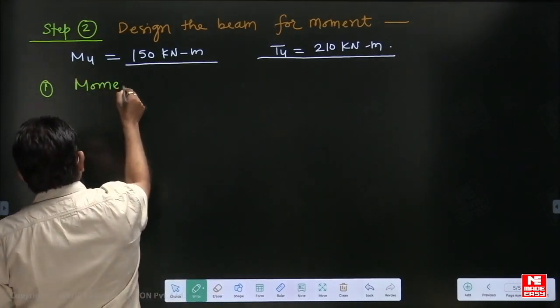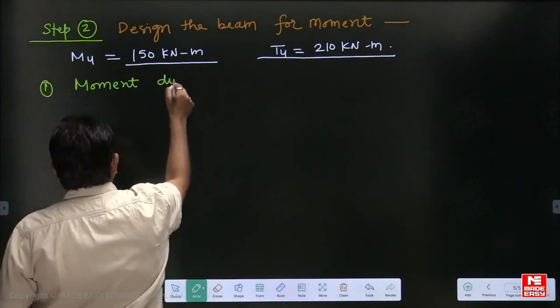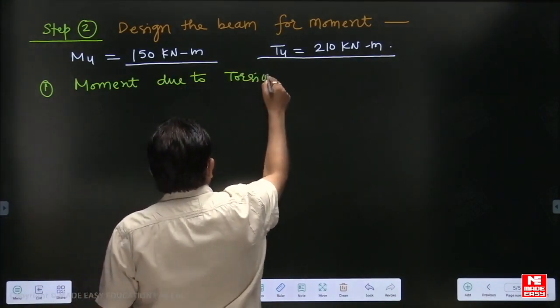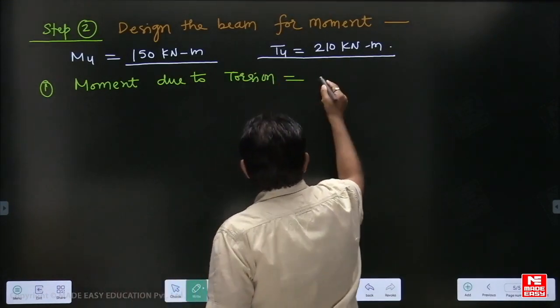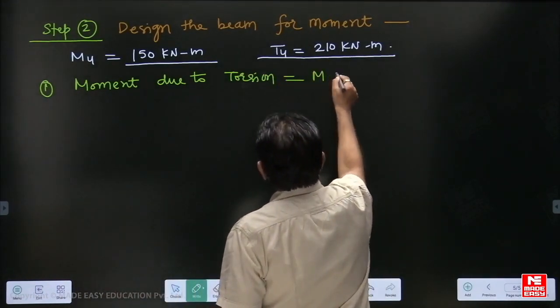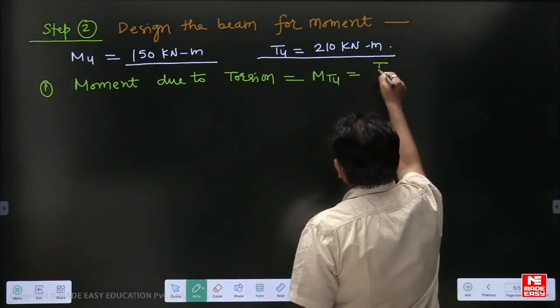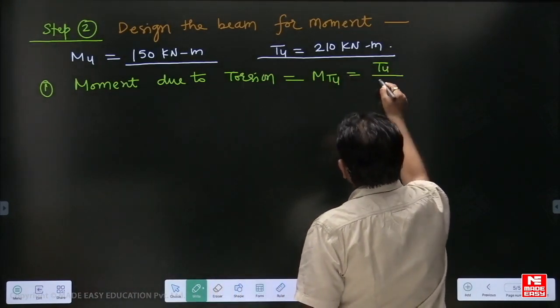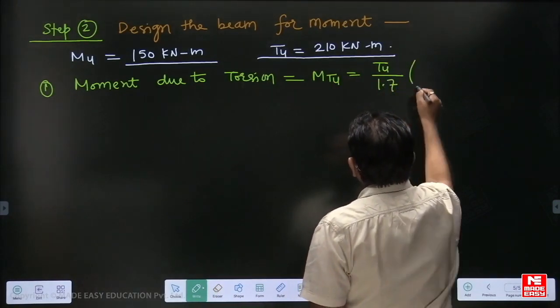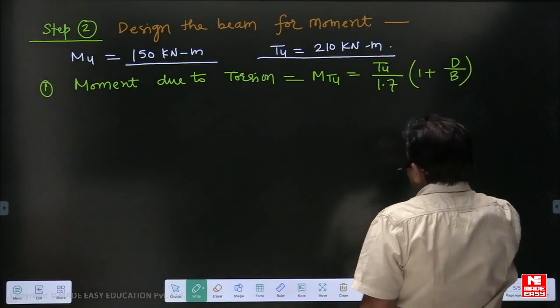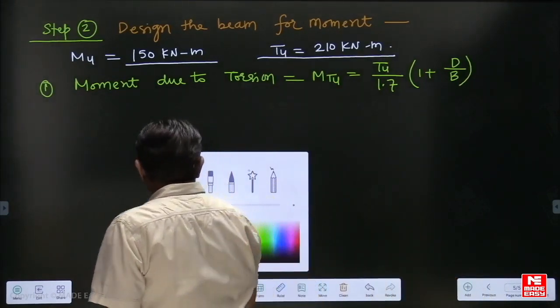Moment effect due to torsion you can calculate first of all. This value is called MTU, we call it, ठीक है, moment due to torsion. The value as per Indian Standard Code is, the formula is TU divided by 1.7, into 1 plus D divided by B. This is the formula. So let's calculate its value.